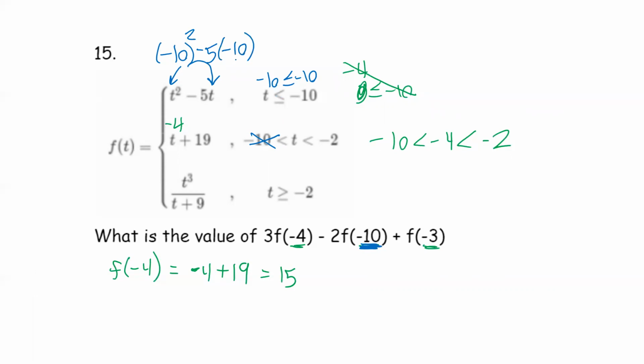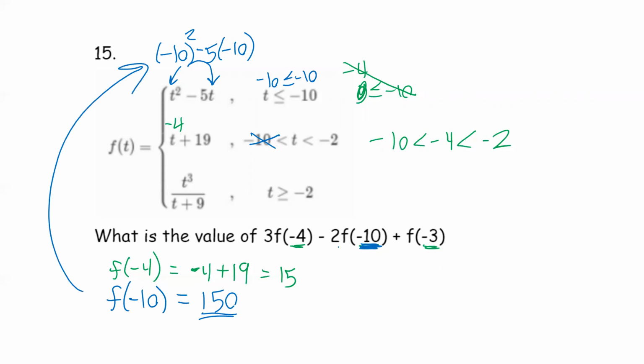Now use your calculator to calculate that out. Negative 10 squared is 100. Negative 5 times negative 10 is positive 50. So it should actually be 150. You can see that plugged in right there.